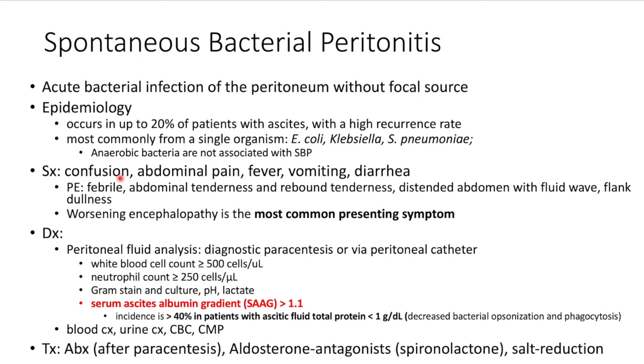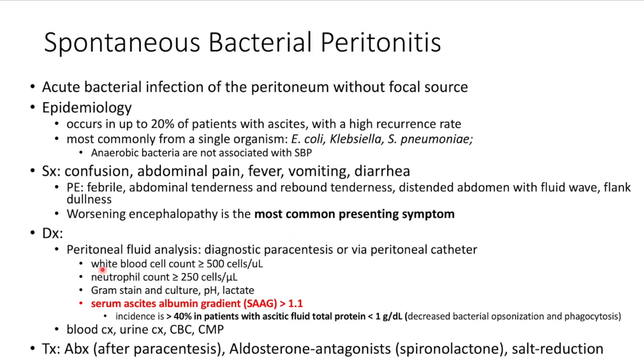Okay. So in terms of diagnosis, we need to do a paracentesis. Okay, we are going to stick a needle into the peritoneal space and drain out some of that fluid. When we drain out that fluid, we can do a lot of testing. We can look at what types of cells are there, look at the bacteria, and really get an idea of where this acidic fluid is coming from and what is the cause of the infection, okay?